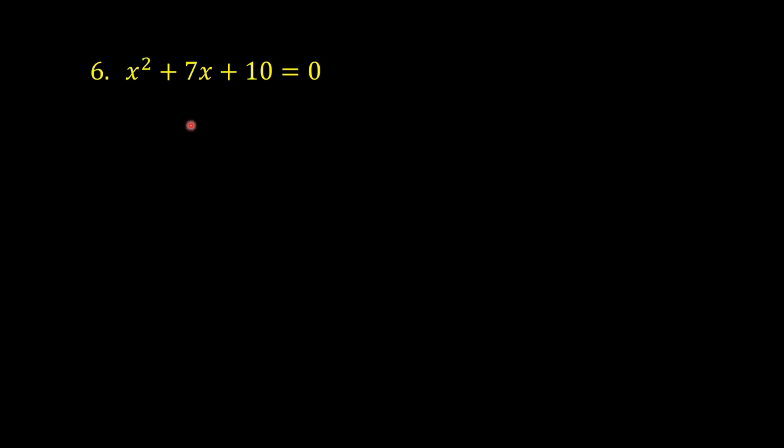Example number 6. x squared plus 7x plus 10 is equal to 0. Factor the left side. Let us see if we can apply factoring perfect square trinomials.